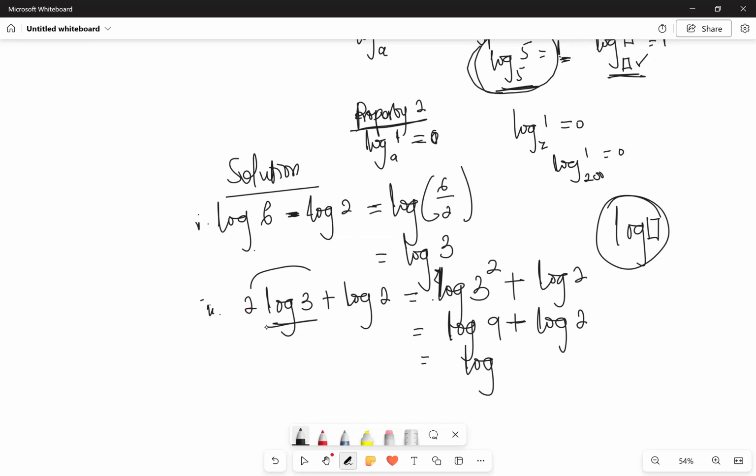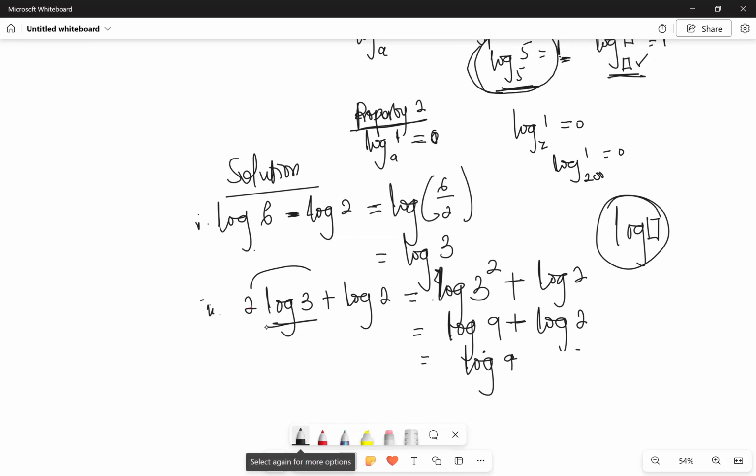It says when you have the log of a number with a base, adding to the log of another number with the same base, which is 10, it's usually base 10 we don't write. So we have the log of a number to a base, adding up to the log of another number to the same base, and they are adding, multiply.